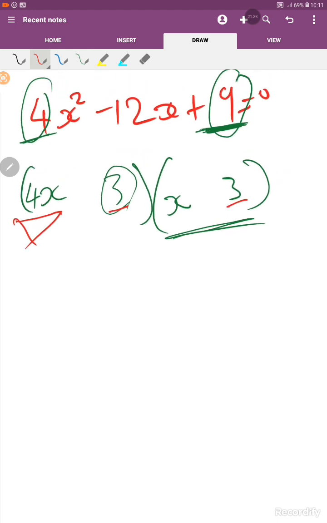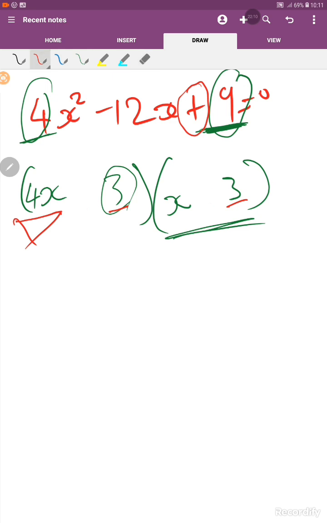All right. So let me say the number that we multiply must give us positive 9, meaning that it can be, because of this positive 9 here, either positive, positive, or negative, negative, right?